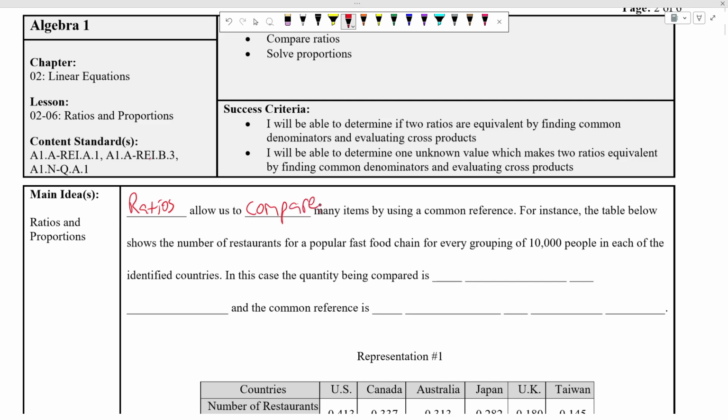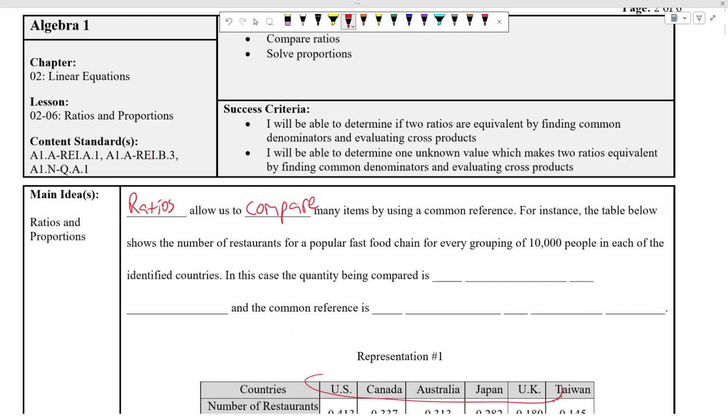We'll talk more about what that means specifically, but I like to illustrate concepts. So I'm going to illustrate the concept in the table below by showing, for example, the number of restaurants for a popular fast food chain for every grouping of 10,000 people in each of the identified countries below.